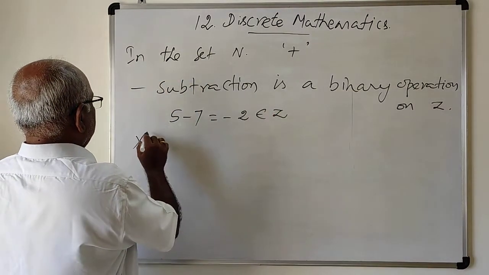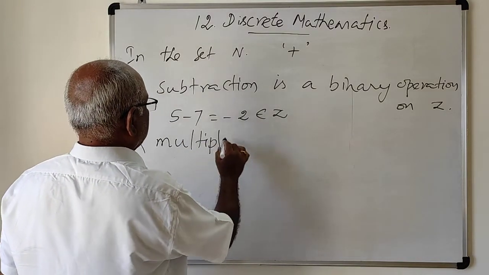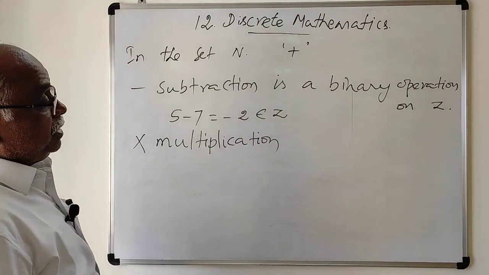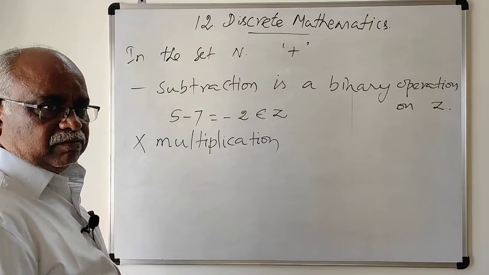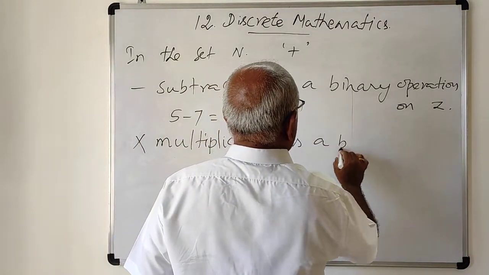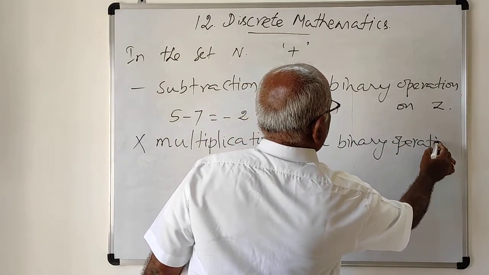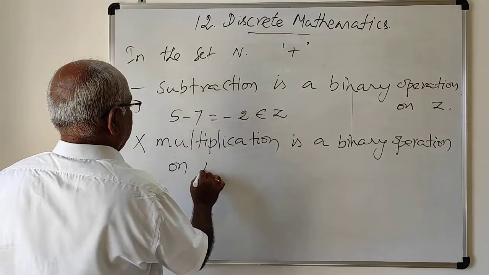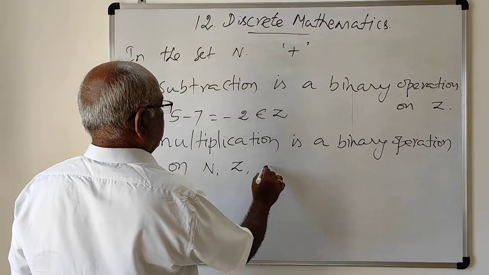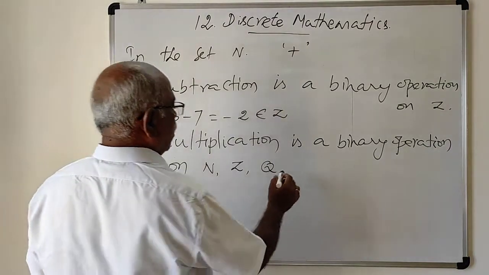Similarly, multiplication. Multiplication is a binary operation on all the sets: N, Z, Q, and R also.